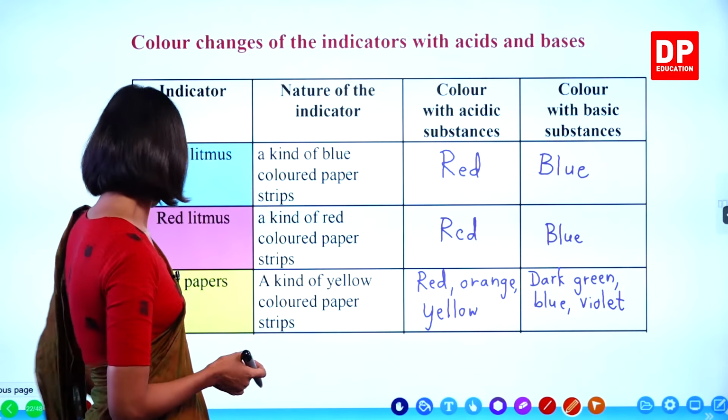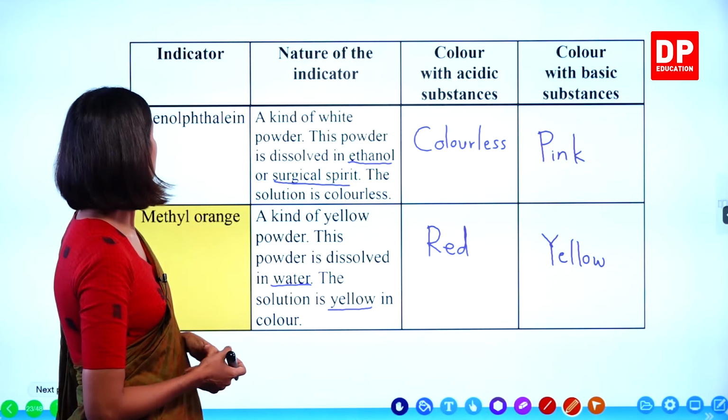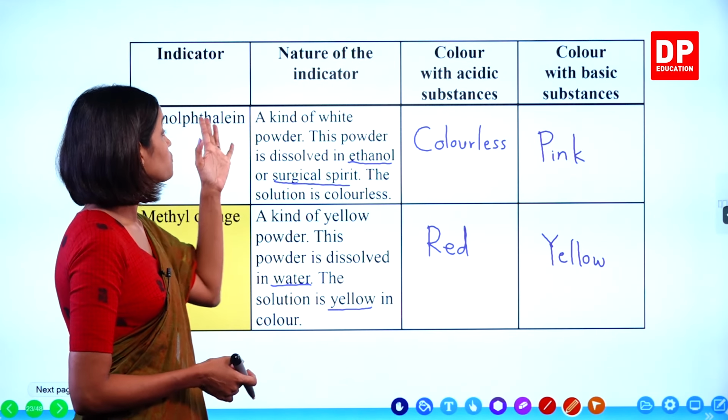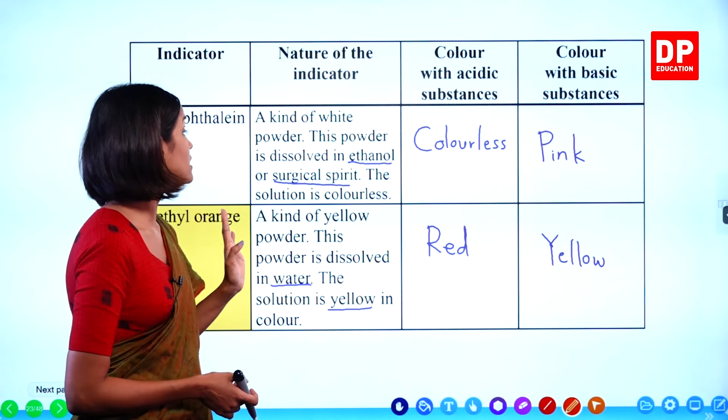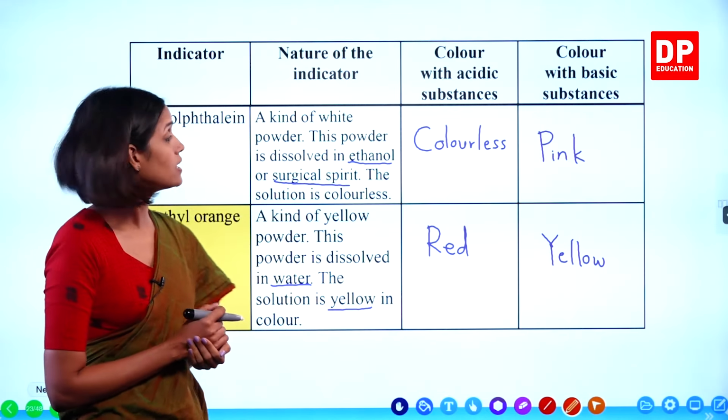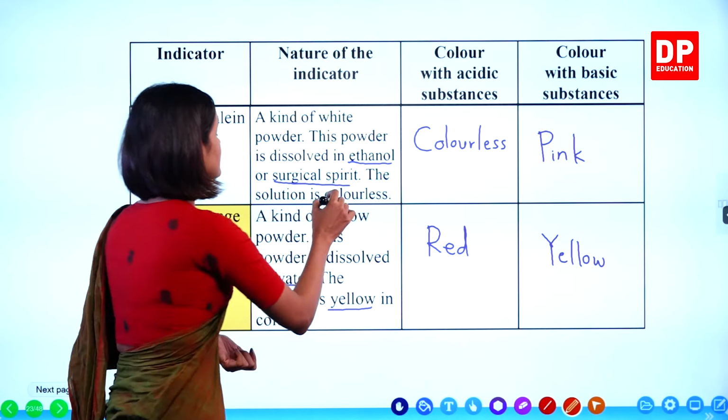Okay, right. The next one, phenolphthalein, is a kind of white powder. We have to dissolve it in ethanol or surgical spirit in order to prepare the solution, and the solution is colorless. Okay, and the color of phenolphthalein with acidic substances is still colorless.